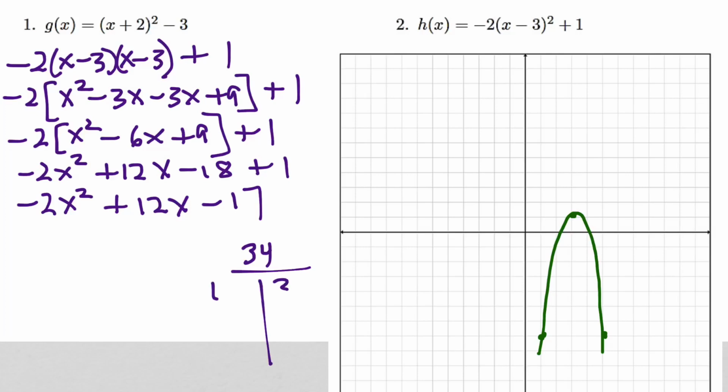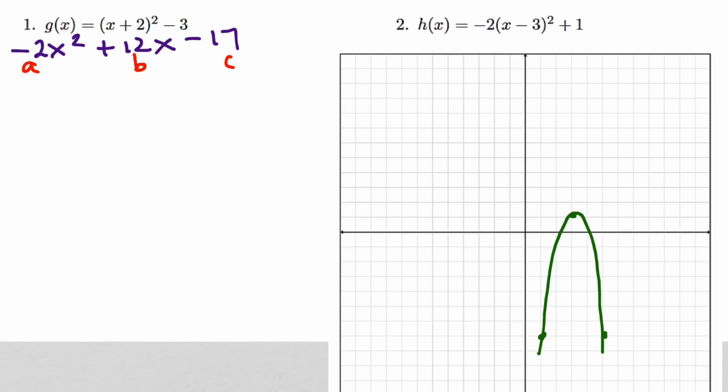So we've got 1 and 34 and 2 and 17. There's no way to add or subtract to get you a 12. So we're going to have to use the quadratic formula. All right, so let's make some room. All right, so I rewrote the function. Now in this order, we've got a is negative 2, b is 12, and c is negative 17.